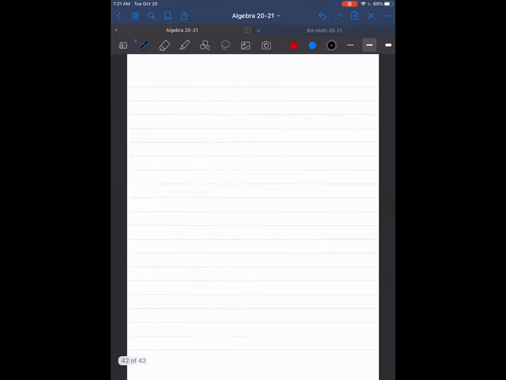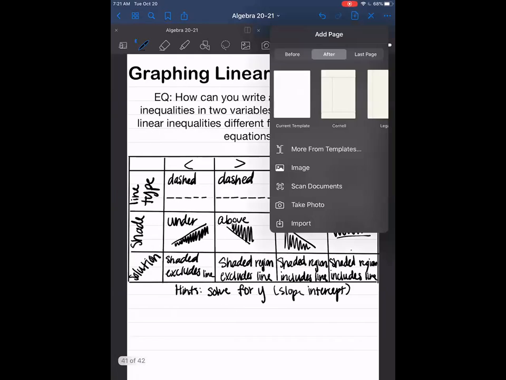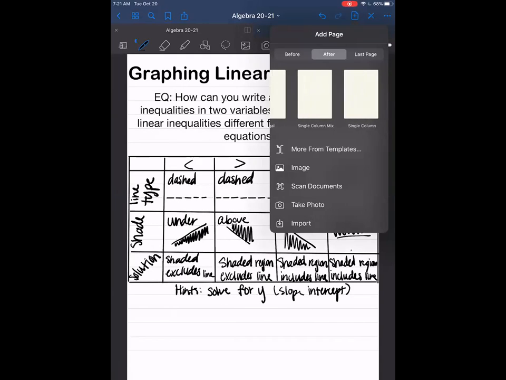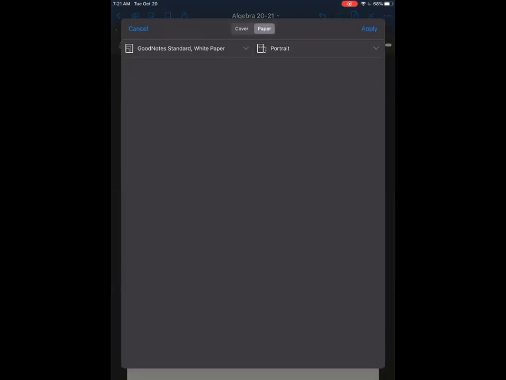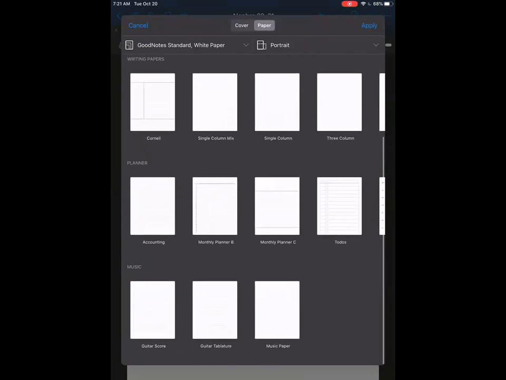So I am going to do this on my paper here, actually. Let me see if I can insert. Do I have graph paper?